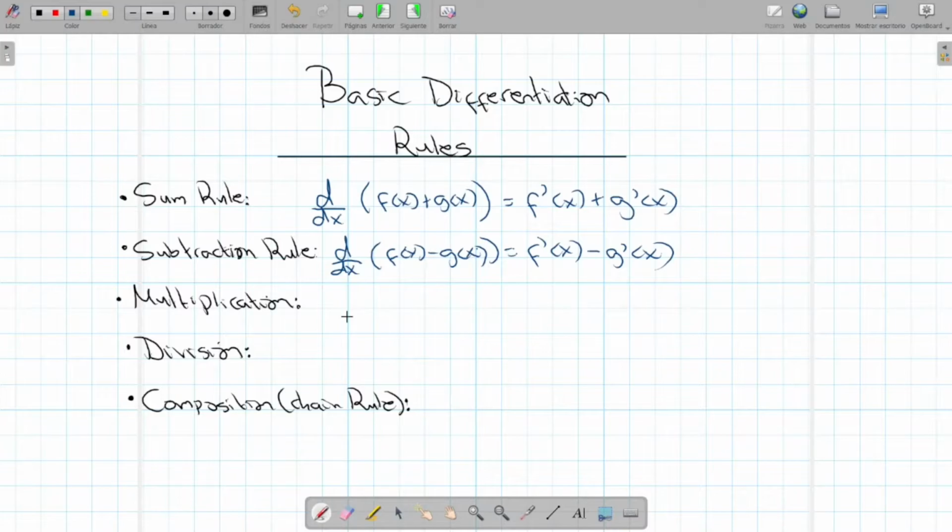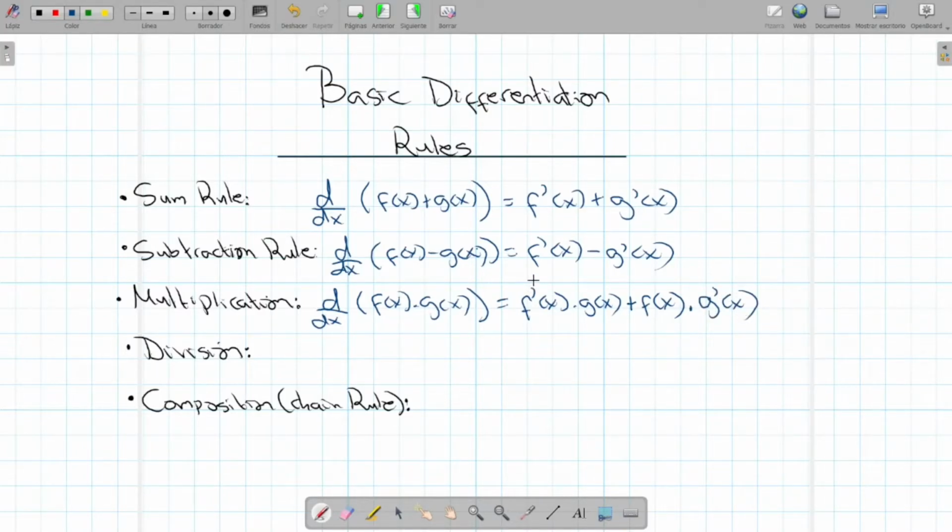Here we have to learn a rule, the multiplication rule, but it is very easy, so follow me through this. If we have to do the differentiation of the multiplication of two functions, the rule is that first we do the derivative of the first function and multiply it by the second function without the derivative, and then we add the first function without the derivative, multiplied by the derivative of the second function.